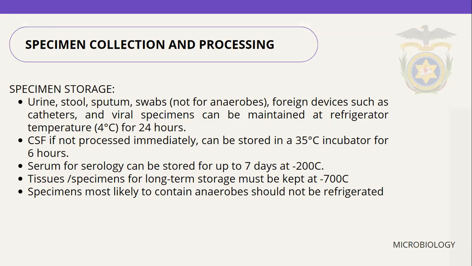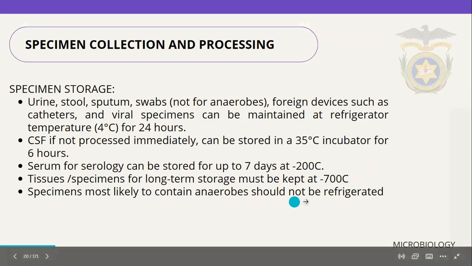Serum for serology can be stored for up to 7 days at negative 20 degrees Celsius. Tissue specimens for long term storage must be kept at negative 70 degrees Celsius. And specimens most likely to contain anaerobes should not be refrigerated.